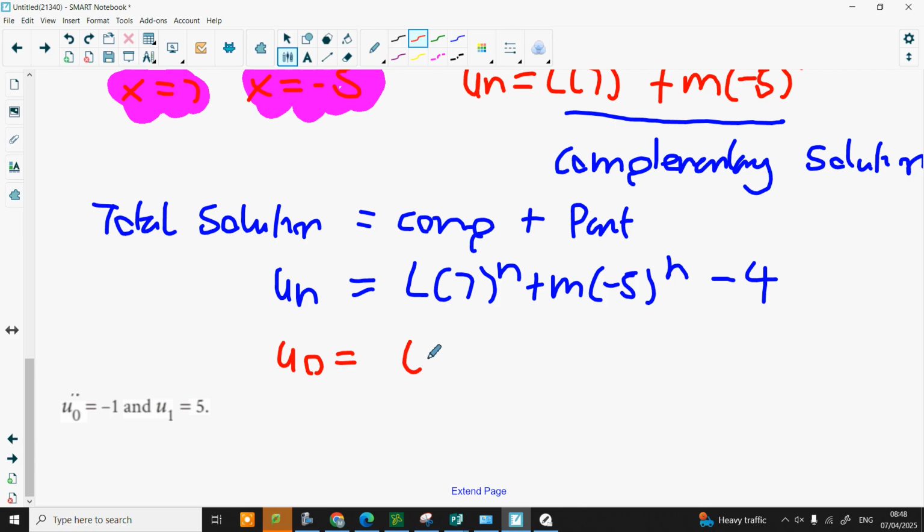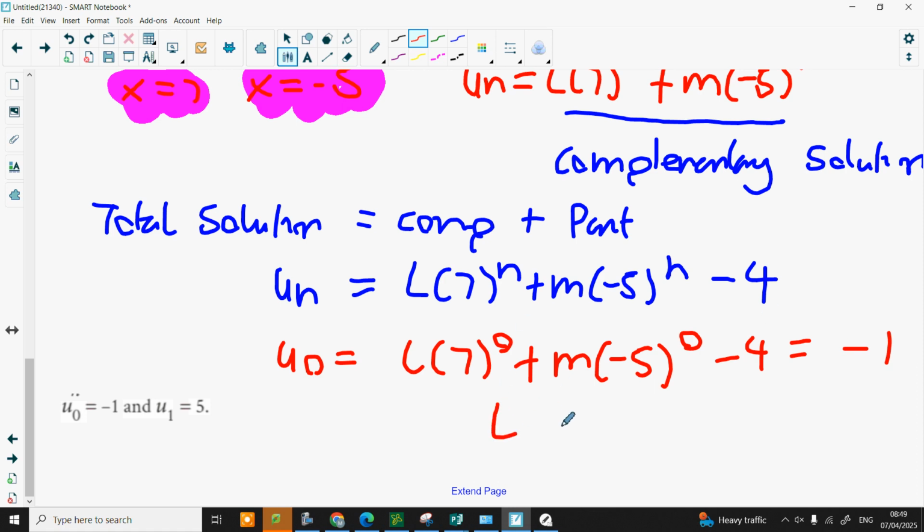So U0, just replace everything with 0, equals minus 1, right? And then I'm just going to end up with L plus M equals 3. All right? Then I'm going to do U1.